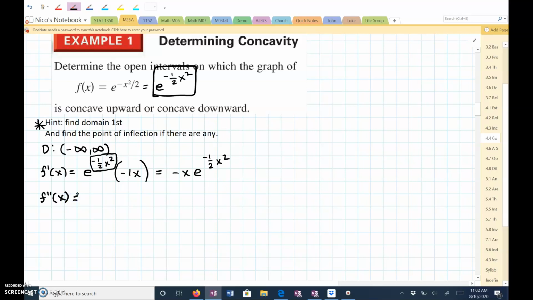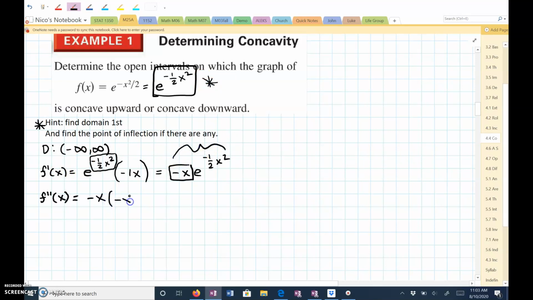So let's take the derivative of this. This is going to be the product rule. So it's going to be the first, which would be negative x, times the derivative of the second. Well, the derivative of the second is taking the derivative of this guy, which we already found, which is this.